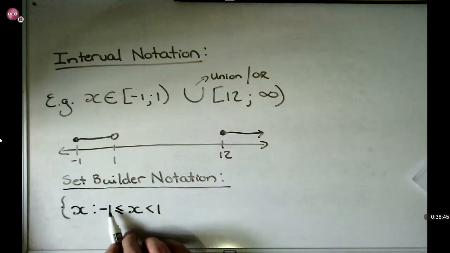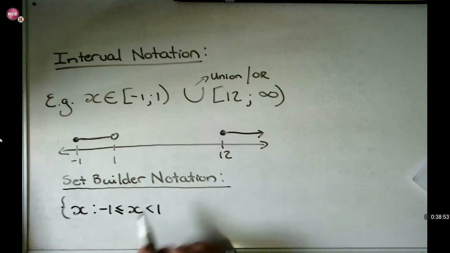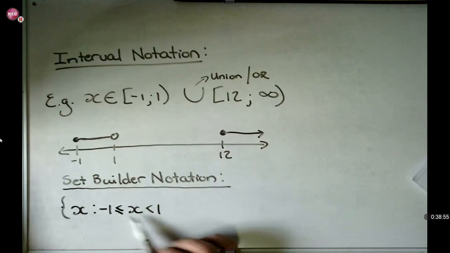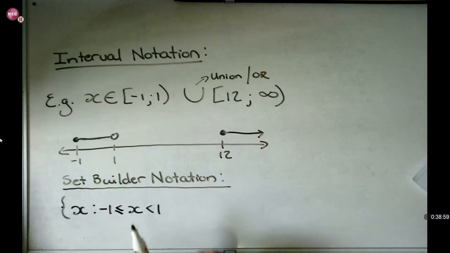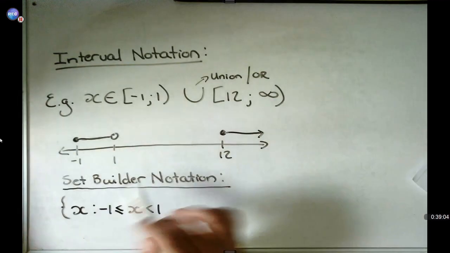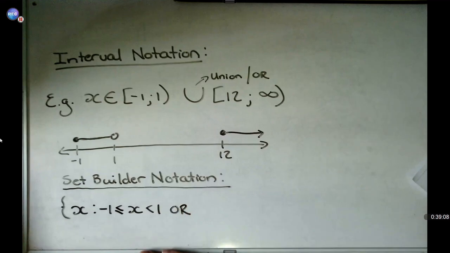So, negative 1 is smaller than or equal to x. Then x is smaller than positive 1, but not equal to positive 1. Okay? That's the first part. Now, inside that notation you write or.